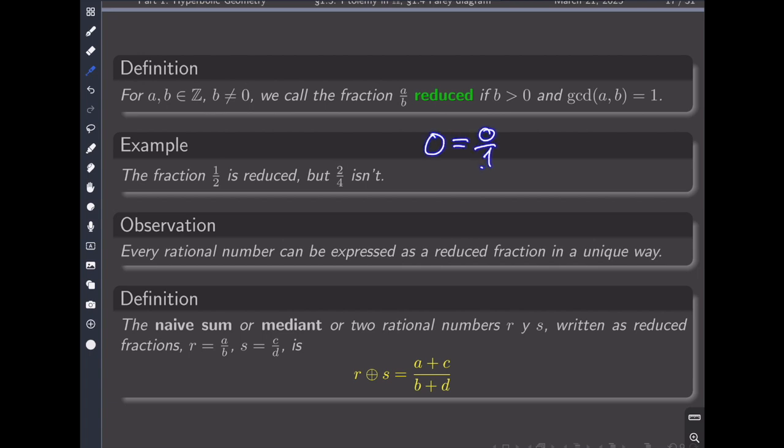0 divided by 1. And I'm actually going to say it's useful to say that, for example, infinity is 1 divided by 0.